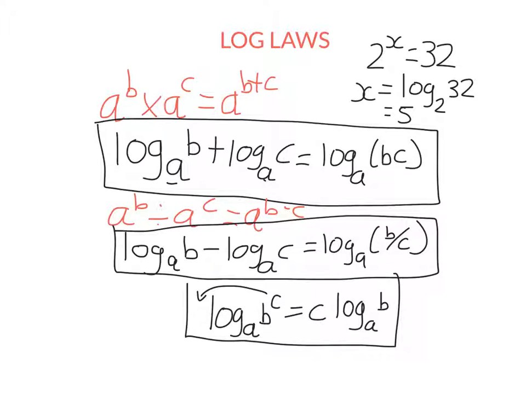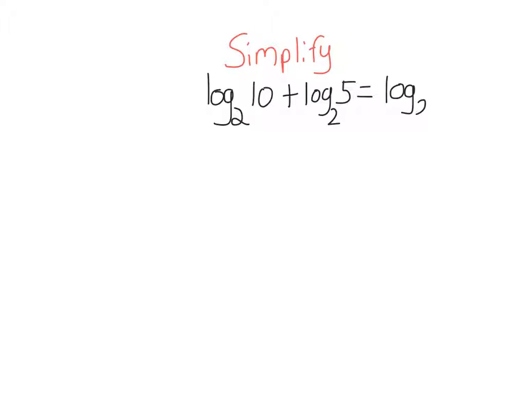So now we're going to look at a few examples involving these laws. So now we're going to look at using these log laws to simplify some sums and differences. So let's say I have something like log base 2 of 10 plus log base 2 of 5. So that is equal to, so the rule for addition, keep the same base and you multiply the two powers. 10 times 5 is 50.